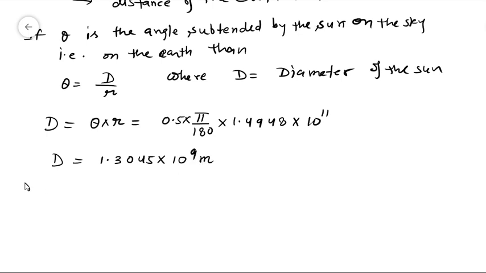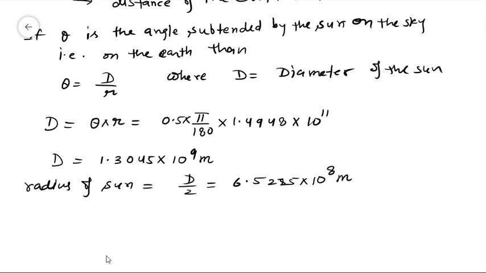So the radius of the sun will be d by 2, and that turns out to be 6.5225 times 10 to the power 8 meters.